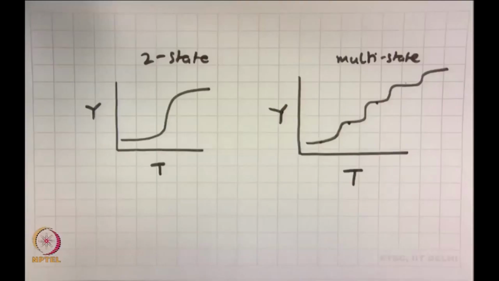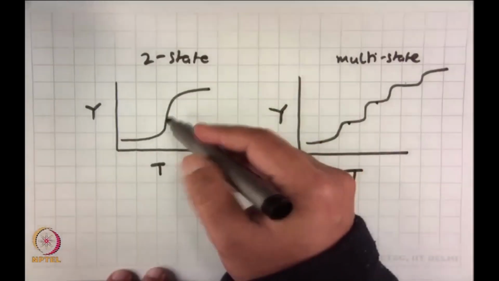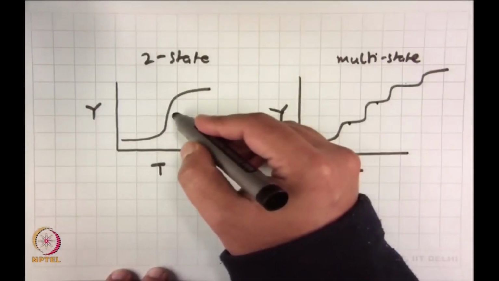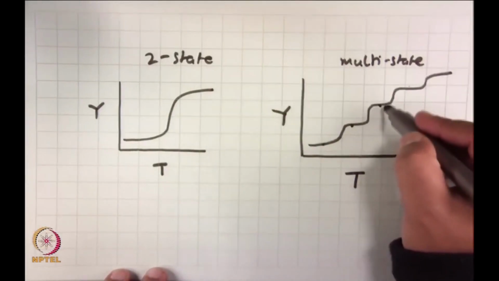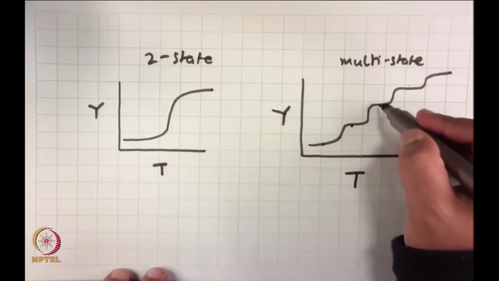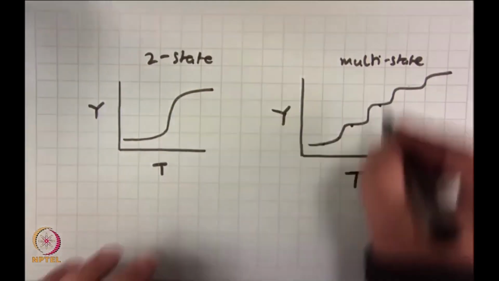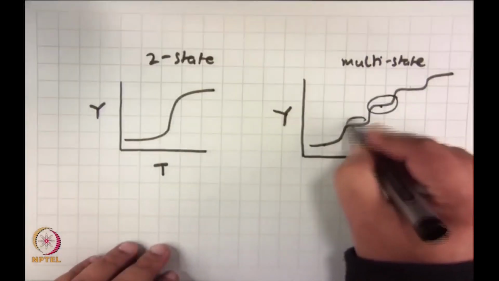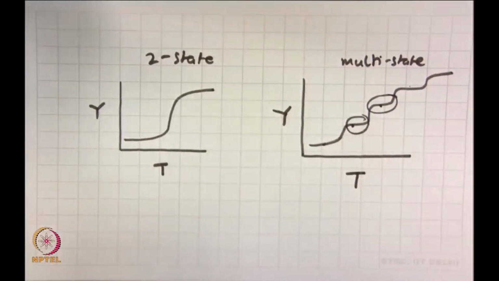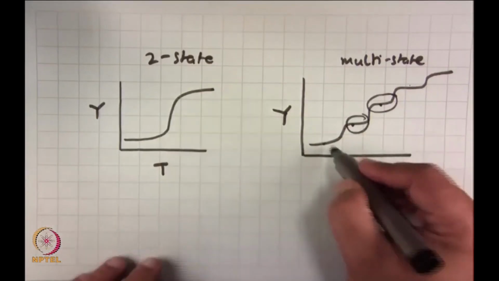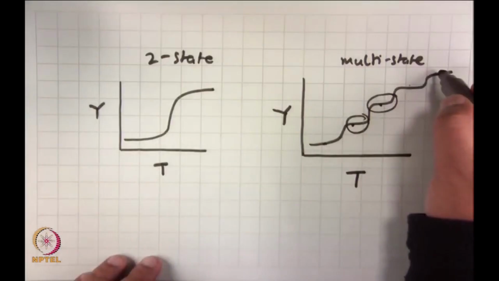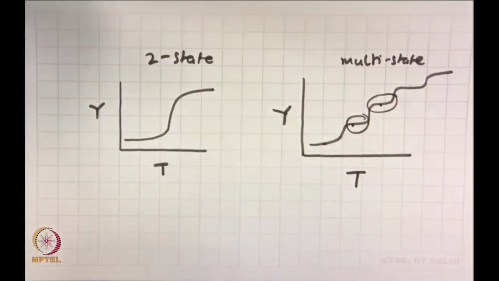Because in a multi-state model, if the concentrations of the corresponding equilibrium intermediates are really low, then you would never be able to figure out these transitions, because the presence of those species is really low. What we essentially look at is either this one and the last one. So, apparently it will look like a two-state model, but it is actually not a two-state model.